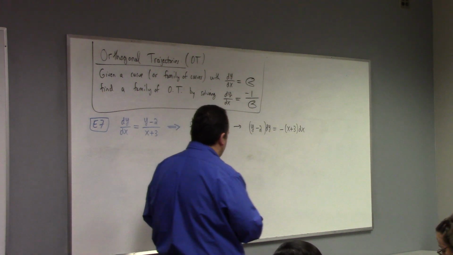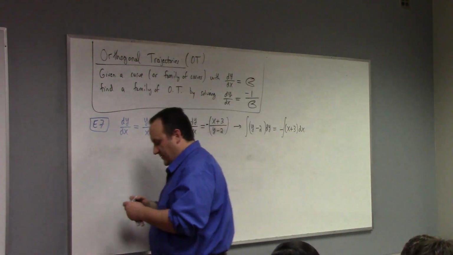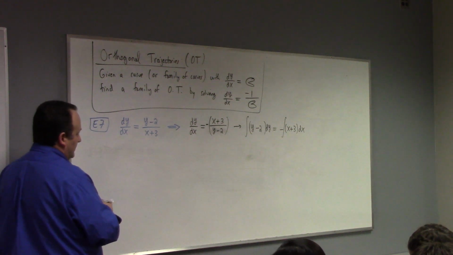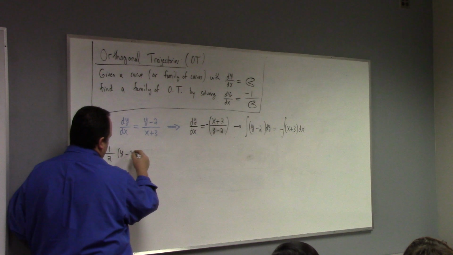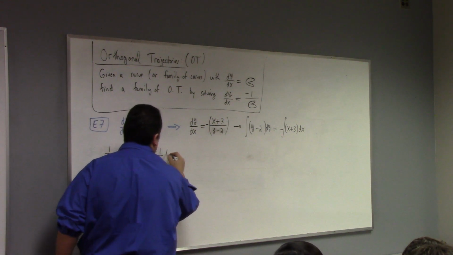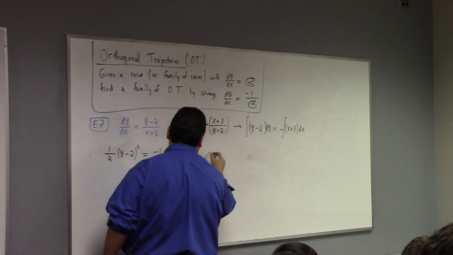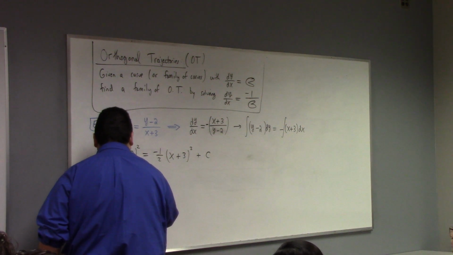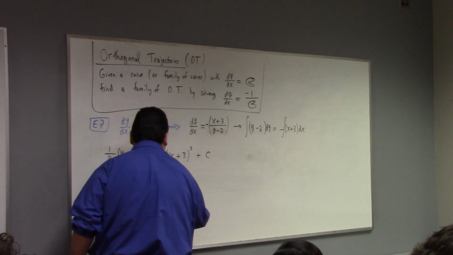And so what is that? We integrate, what do we get? No natural logs. Nope, not this time. Easier than that, right? We get 1/2 (y minus 2) squared equals minus 1/2 (x plus 3) squared plus a constant, which we can rewrite as (x plus 3) squared plus (y minus 2) squared equals 2c.